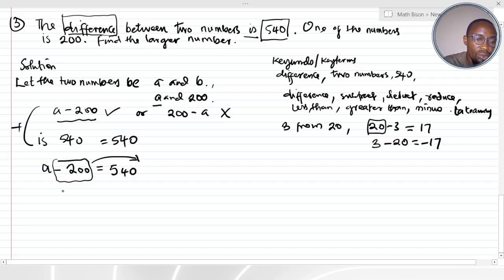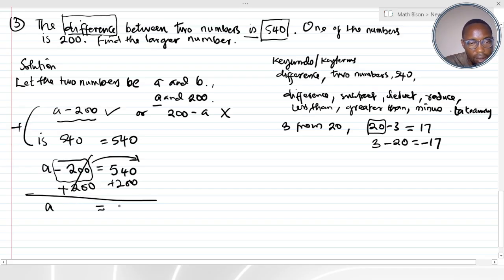We add 200 to both sides, plus 200 plus 200. And when you do this, 200 will cancel this 200, and you have A equals 740.